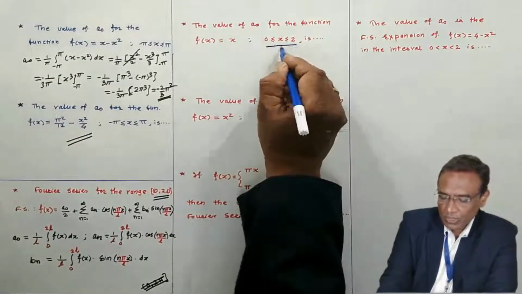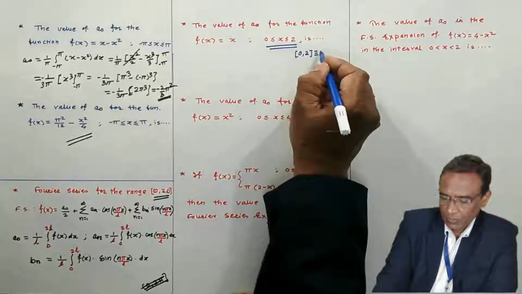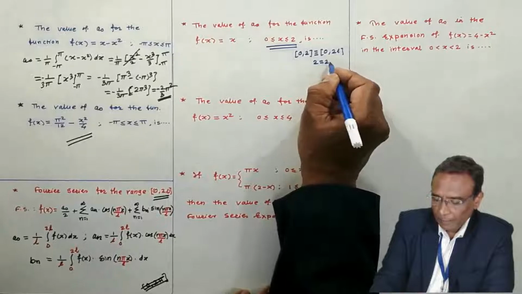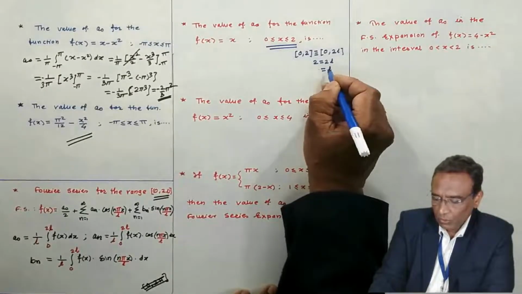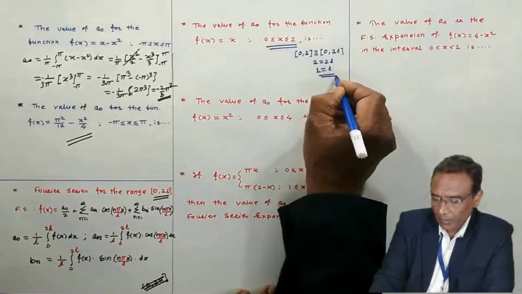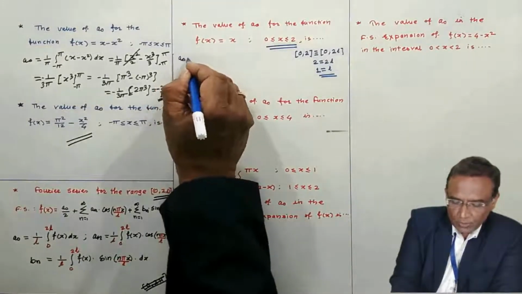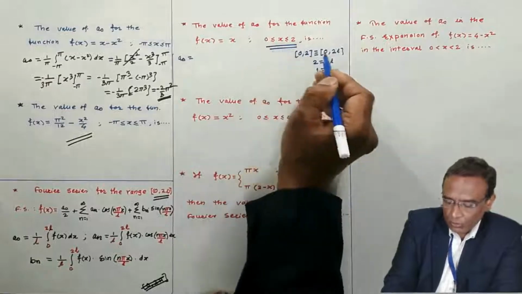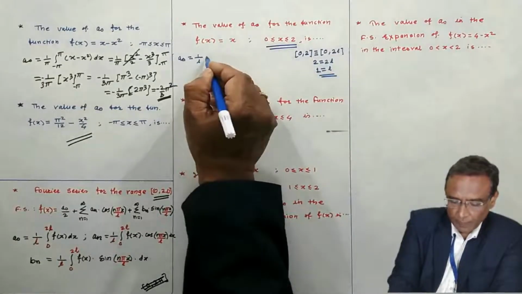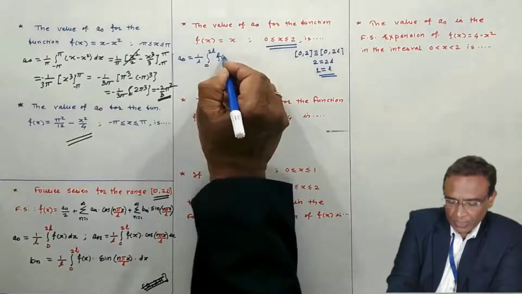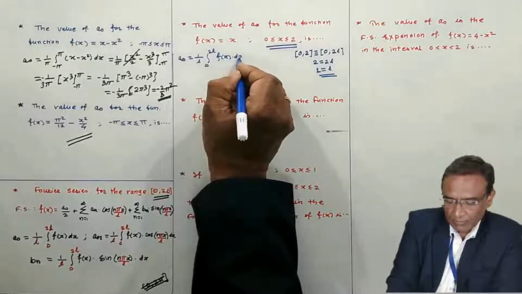First of all, in Fourier series, we have to look at the range. This must be equated with 0 to 2L. 2 equal to 2L, therefore L equal to 2 by 2, which means 1. The value of L is 1. The formula for a0 for 0 to 2L is 1 by L, 0 to 2L, f(x), integrating with respect to x.